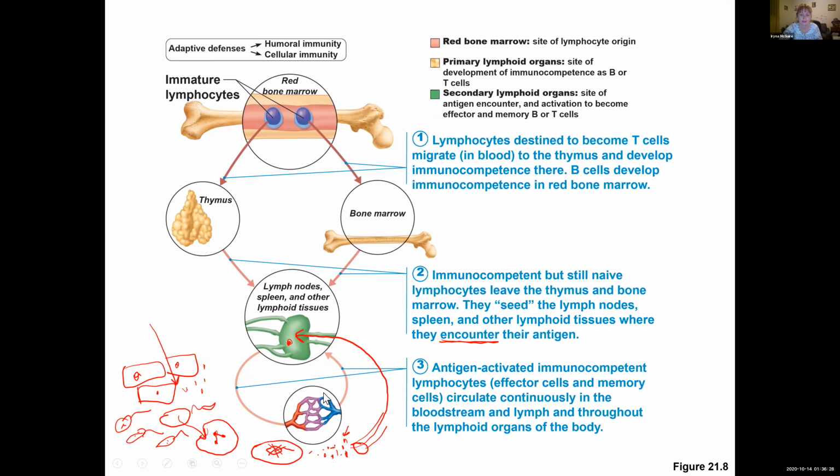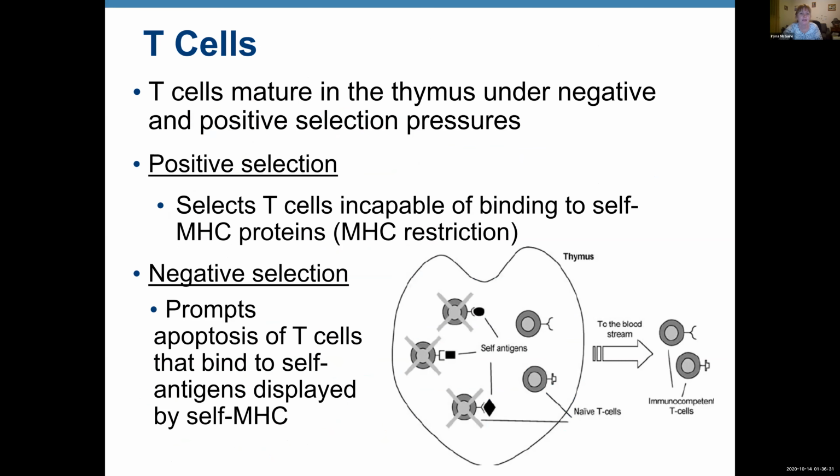Okay. Now, T cells mature in the thymus under negative and positive selection pressure. Positive selection selects T cells capable of binding to self-MHC proteins, and negative selection prompts apoptosis or death of T cells that bind to self-antigen displayed by self-MHC, right? So here in the thymus, we have maturation of T cells.